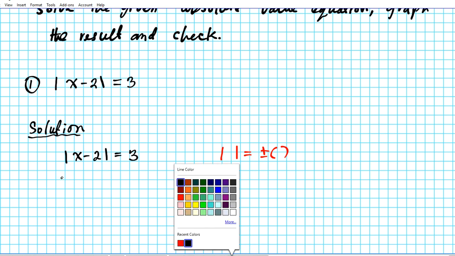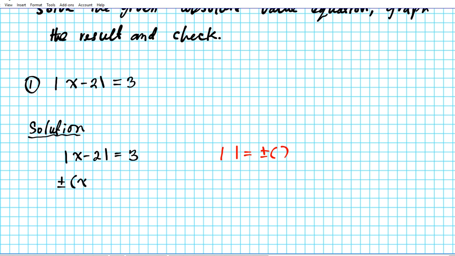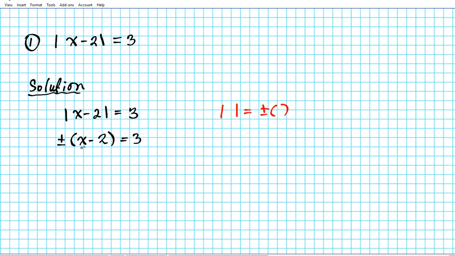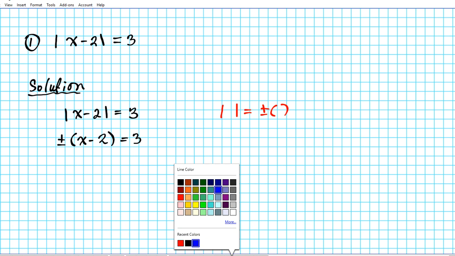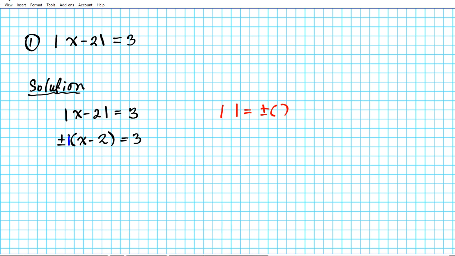Replace the absolute value bracket with plus or minus x minus 2 equals 3. Now we want to isolate the quantity in the parentheses, so we need this plus or minus sign on the right side of the equation. So we know that there is a 1 right here.